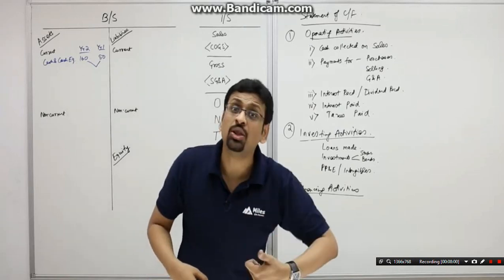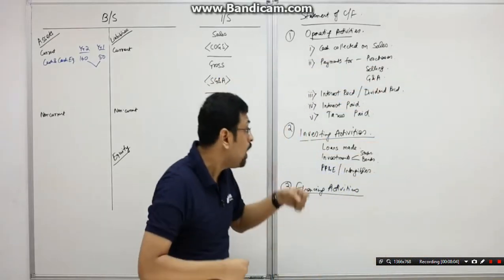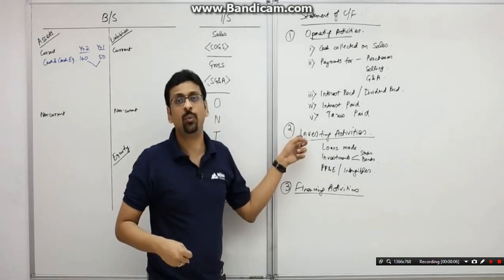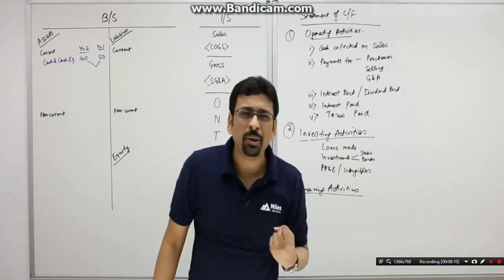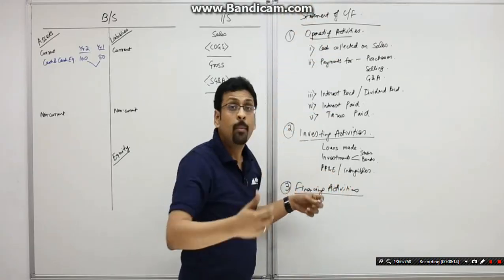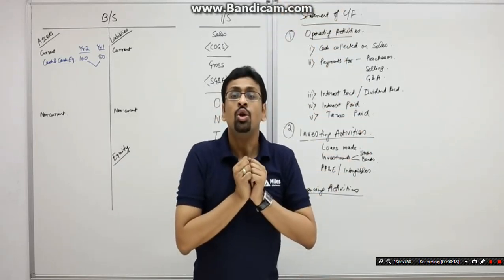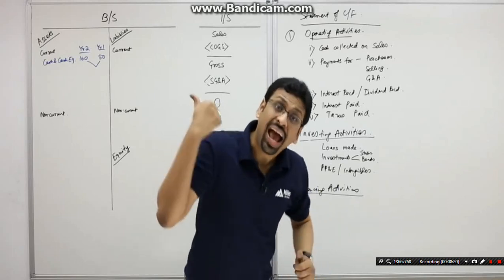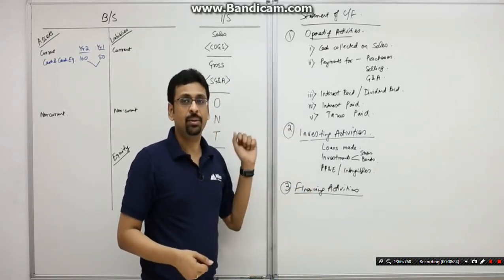But when you sell those investments, when you sell those stocks and bonds, that's a cash inflow again from investing activities. When you go out, shop for your PP&E, buy your PP&E, that's a cash outflow. You got to pay them out. But when you sell your PP&E, that's a cash inflow. Cash comes in. So we're looking at cash outflows and inflows from investing activities due to these items.